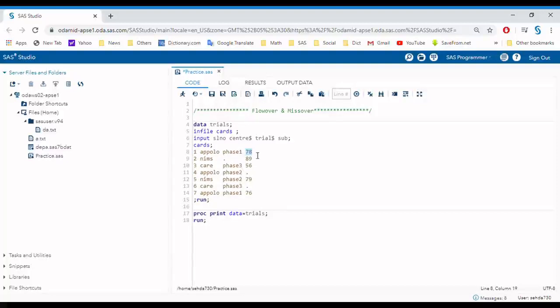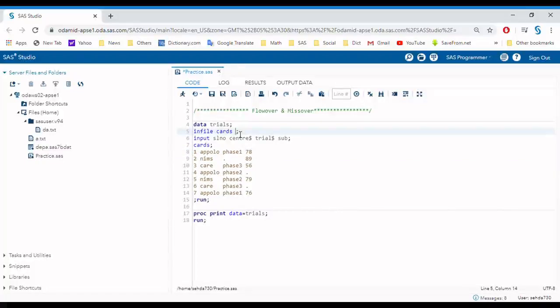After reading this, who will tell SAS to jump to the next line? That is done by flowover, because SAS doesn't go on unless we tell it that the first line is complete and now to go to the second line. That is done by this flowover option.